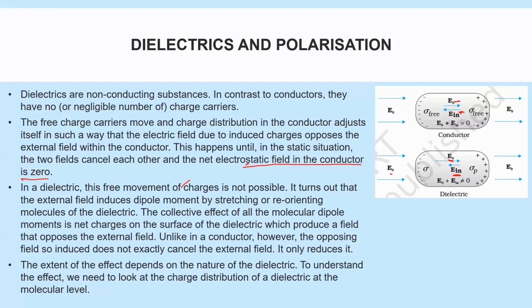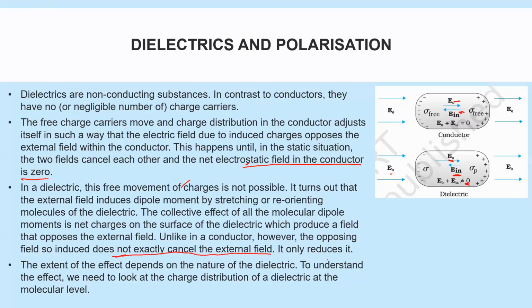But in a conductor, as you can see, they cancel each other out while opposing each other. In a dielectric, the opposing field is so induced that it does not exactly cancel the external field. It will reduce it, but it will not be 0, it will not cancel each other out.